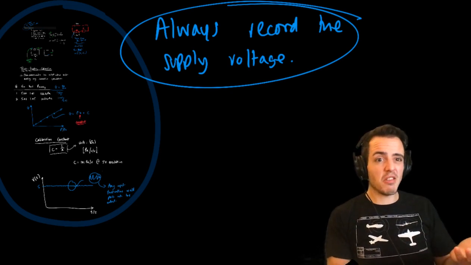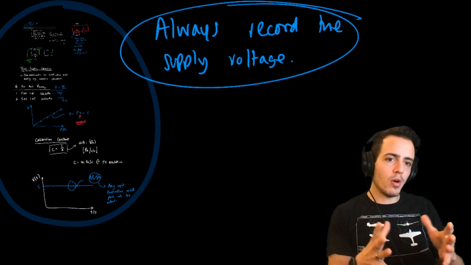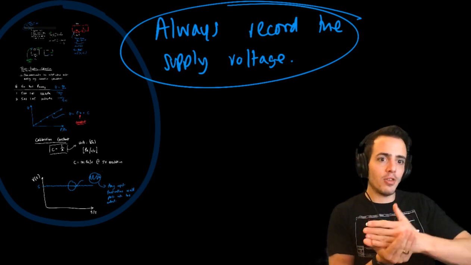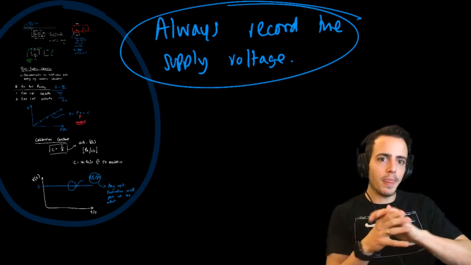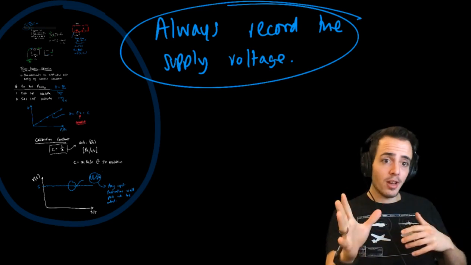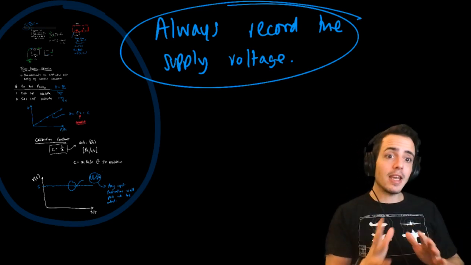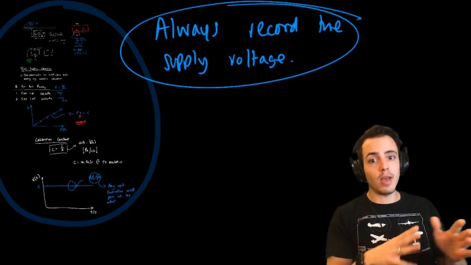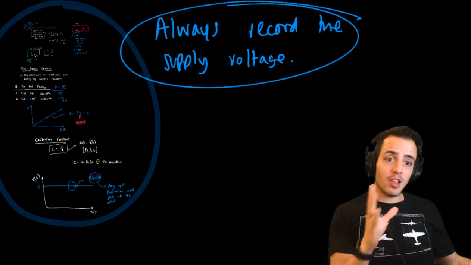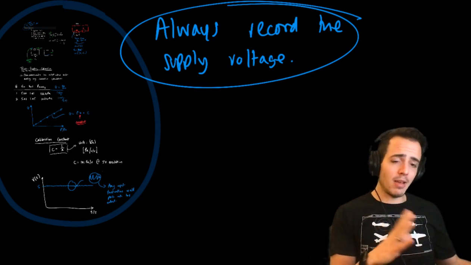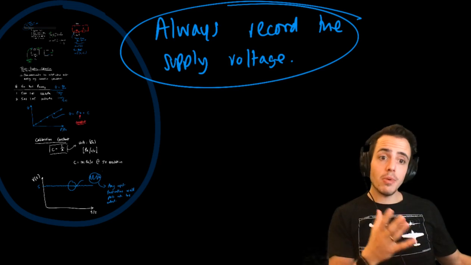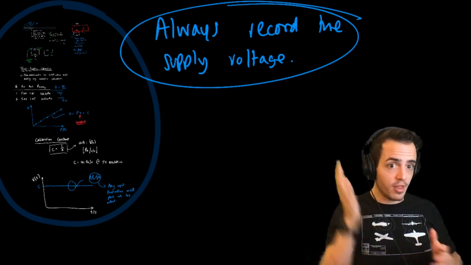Okay, that's a big change. So that would be 5.1, it would be a 2% increase in all of your values from that point onwards. So proselytizing a bit here, but you need to record the supply voltage whenever we're doing any form of experiment with a transducer, and particularly when we're doing a calibration, of course, because we'll use these data for everything else that we do.